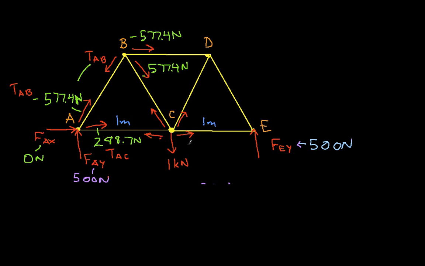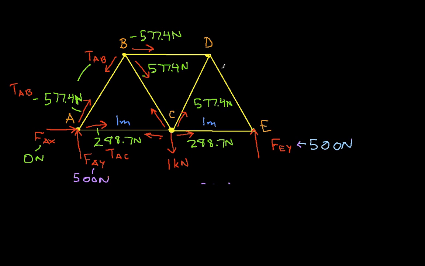Okay, so we've got two more values that we can take back to our free body diagram and write down. We had TCE is 288.7 newtons, and TCD was 577.4 newtons. Okay, we're almost done, and hopefully you're beginning to see that there's some symmetry in these relationships, so we ought to be able to predict what the tension in member DE is just by looking over here, but we won't.